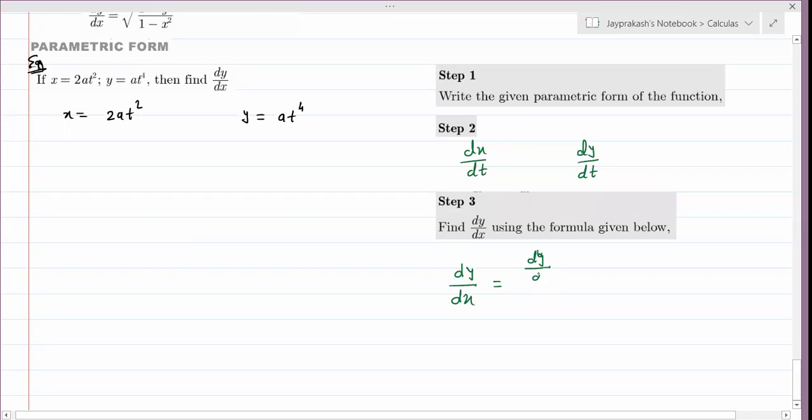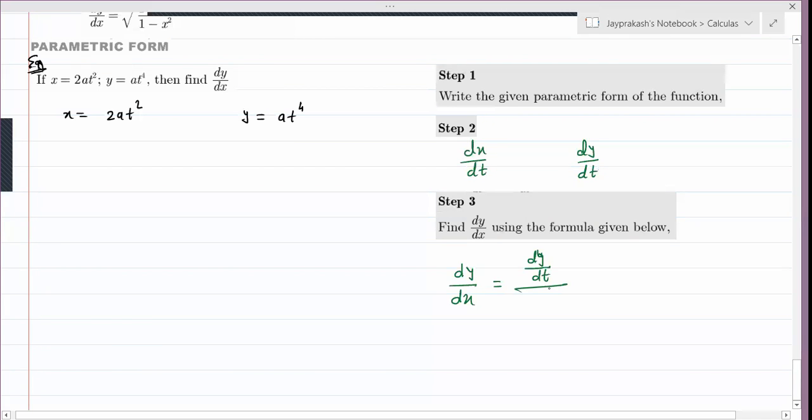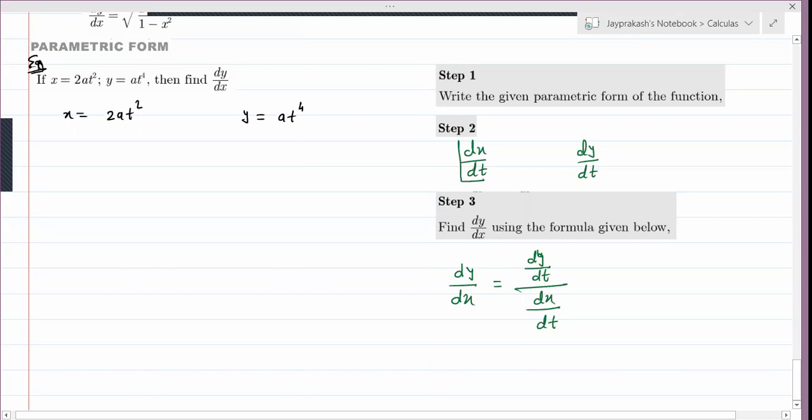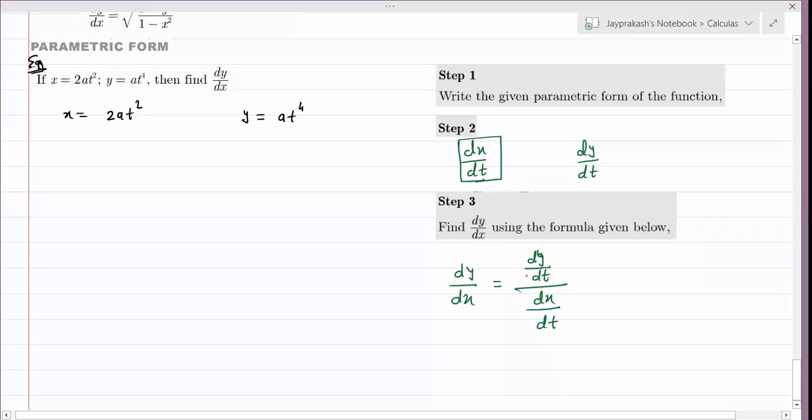So this will be dy by dt and this one is dx by dt. Now what will we do? Whatever the value you have calculated in step number 2 with the parameter t, you have to just substitute both the values in step number 3. So you will get your final answer.